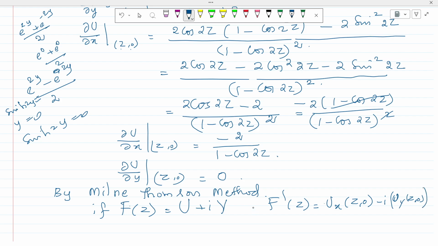So I have given two formulas. One is when the real part is given, what is the Milne-Thomson method formula. The other is when the imaginary part is given, what is the Milne-Thomson method formula. Two formulas I have given. You have to remember two formulas.